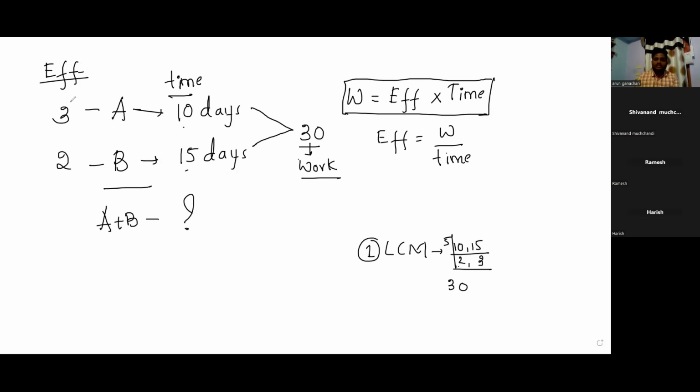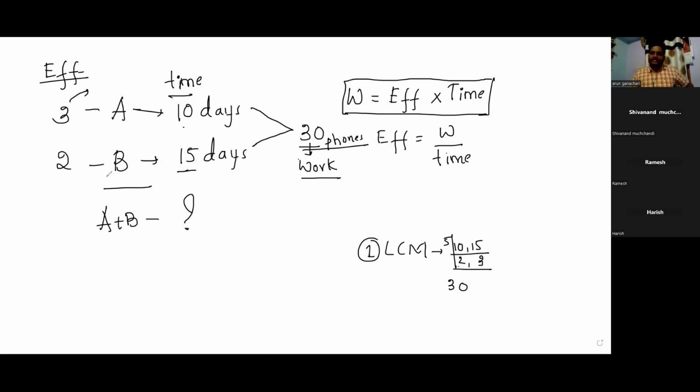We are getting 30 phones. So the person is making 30 phones in 10 days. Meaning, in one day, he is making 3 phones. If 30 phones are produced by B in 15 days, then in one day he'll produce 2 phones. Understanding the concept?